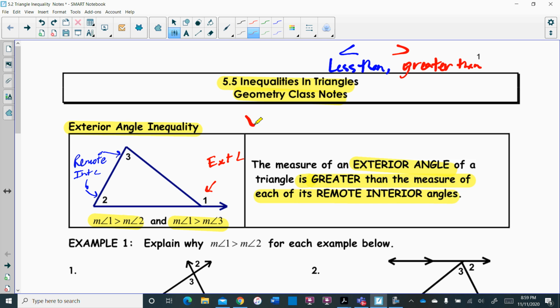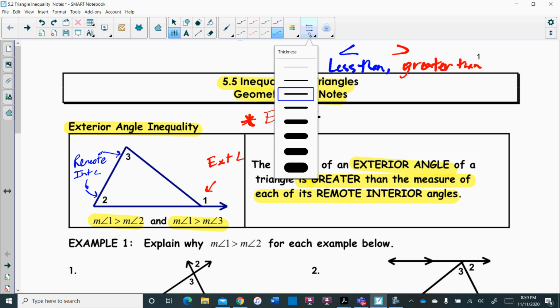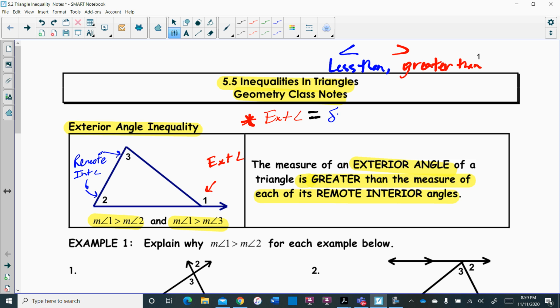The exterior angle theorem states that whatever is on the outside of the triangle, the exterior angle, is equal to the sum, so that means you have to add, of your remote interior angles.